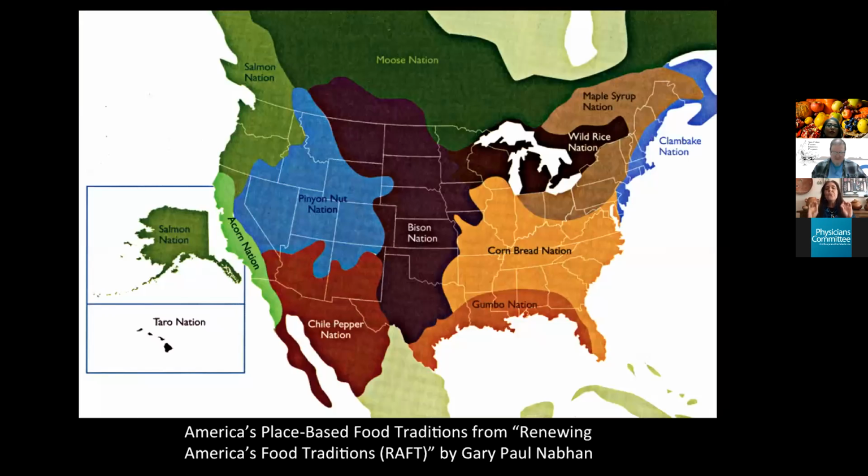So here's a really good map. We can look at different parts of the country. We could say, oh, look, there's maple syrup on the East Coast and around the Great Lake region, wild rice. You can look at the state of New Mexico, and there are three dominant foods. We know that bison came in and that many Pueblo people traded. I know certainly in Taos, they sing some Kiowa songs.